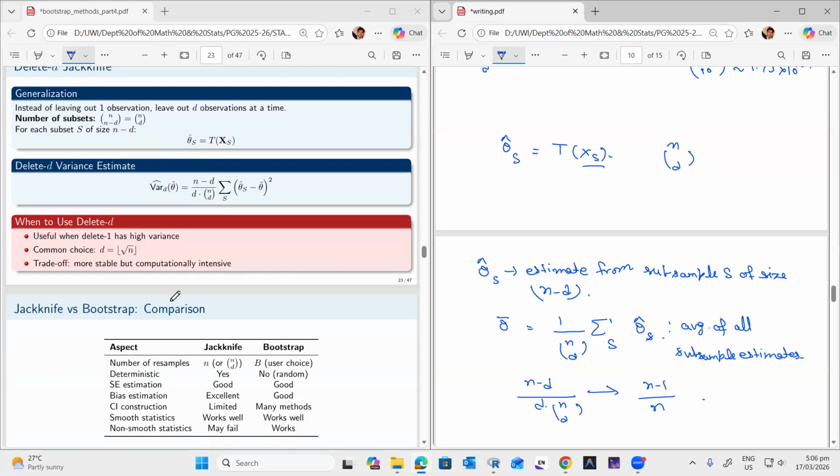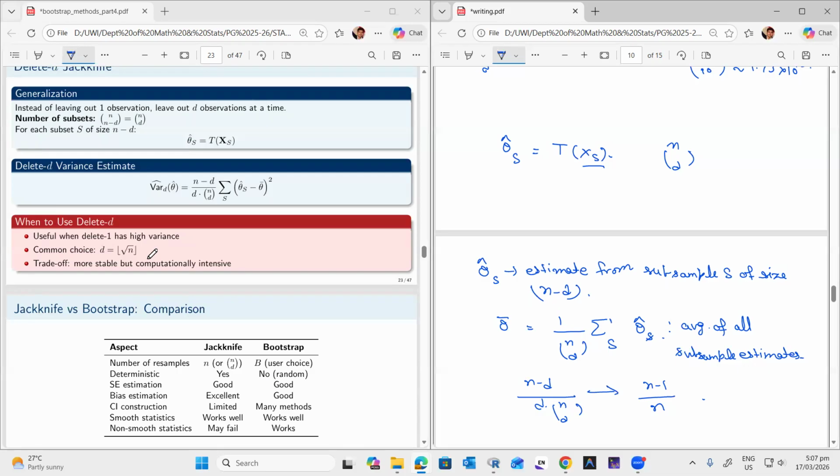A common choice of d is square root of n. This is the rule of thumb that balances the trade-off between the bias and the variance. If d is too small, for example d equals 1, the replicates are highly correlated and the variance estimator may be unstable.